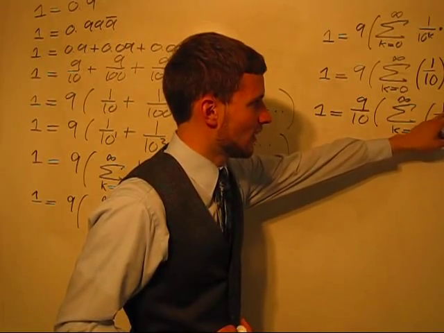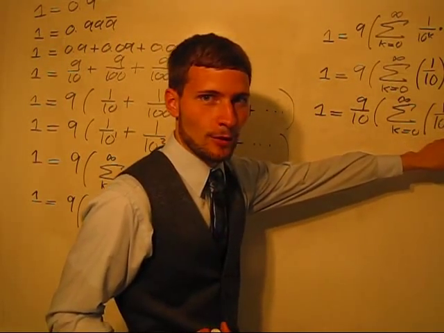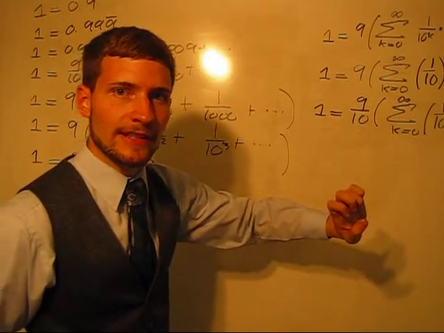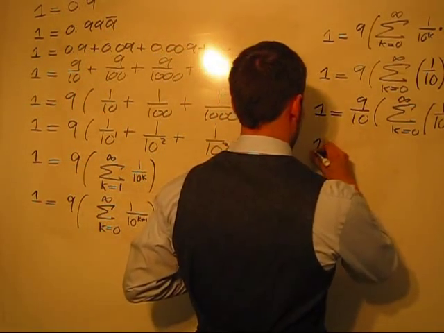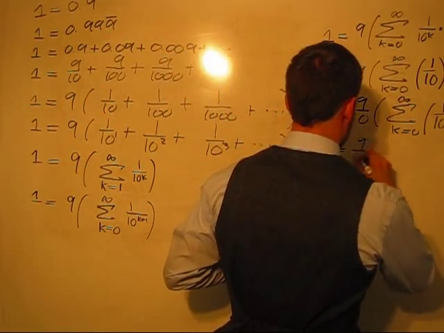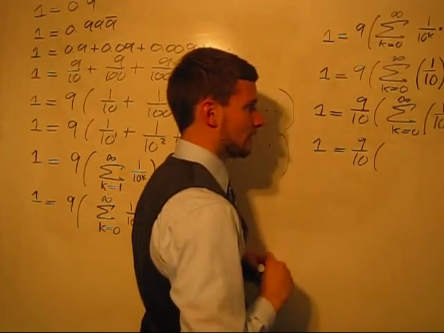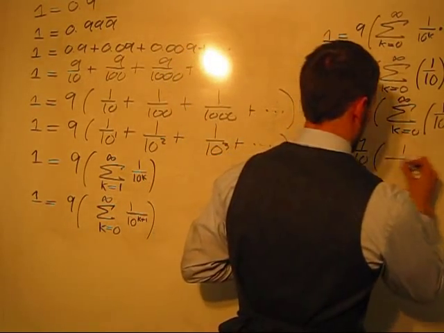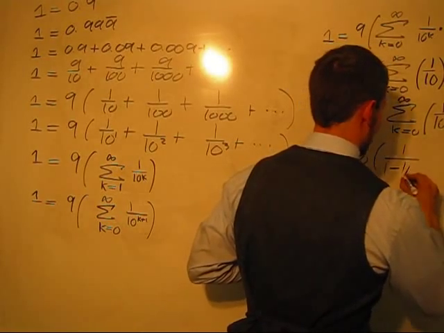And we see that since r is less than 1, that is, 1/10 is less than 1, it's a convergent geometric series, and so we can evaluate it as 1 equal to 9/10 times a, which here is just 1, over 1 minus r, which is 1/10.